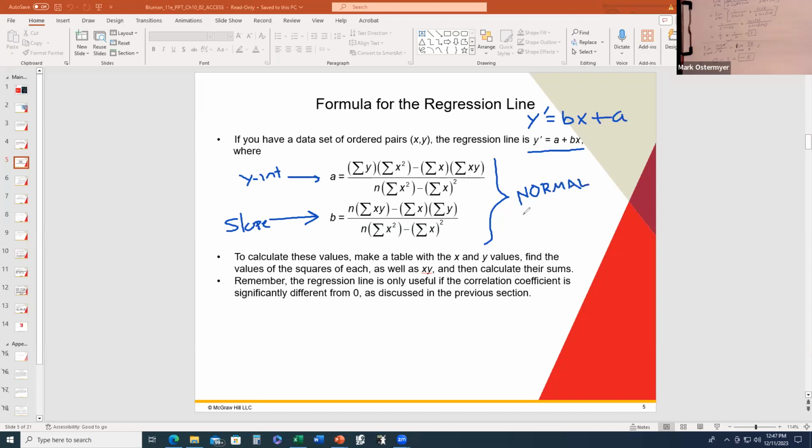The beauty of this is we don't have to go through differential calculus to see where these things come from. You just basically take it on trust from what I'm saying, and we're going to learn how to compute these values and then put together our linear regression line for predictive purposes.